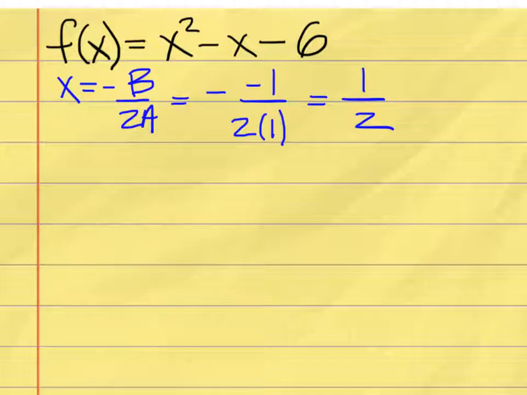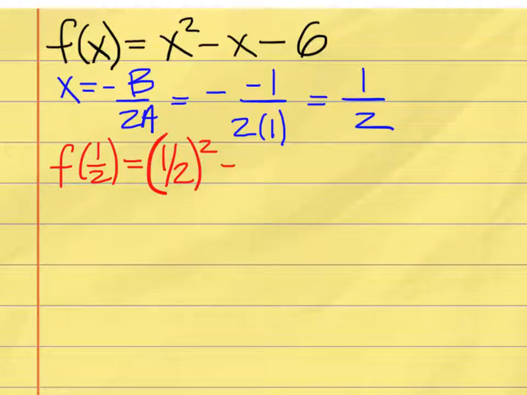And if you plug in a half into this function, it's going to be f of 1/2 equals 1/2 squared minus 1/2 minus 6. You can treat that as a 0.5 in the calculator and do 0.5 squared minus 0.5 minus 6.